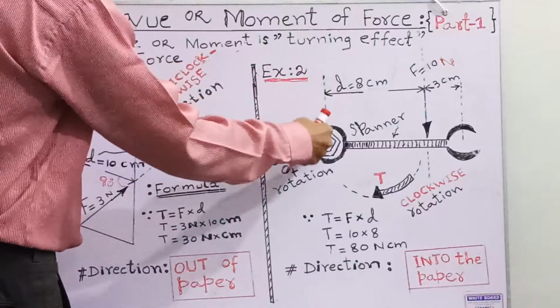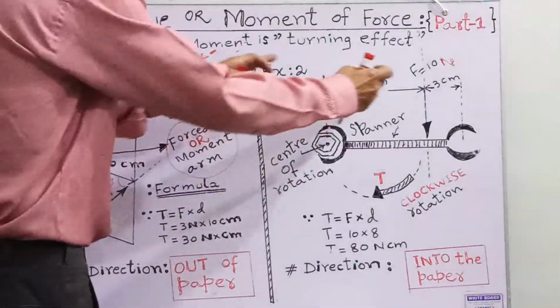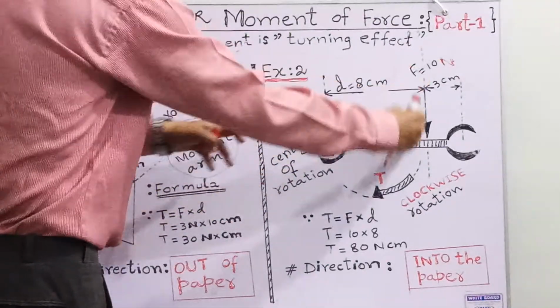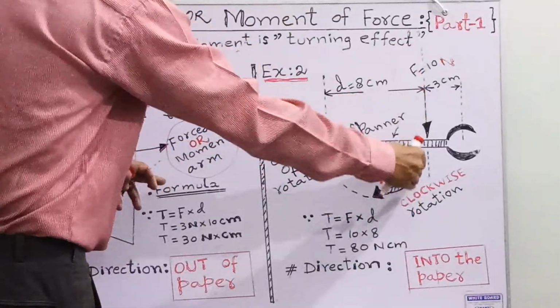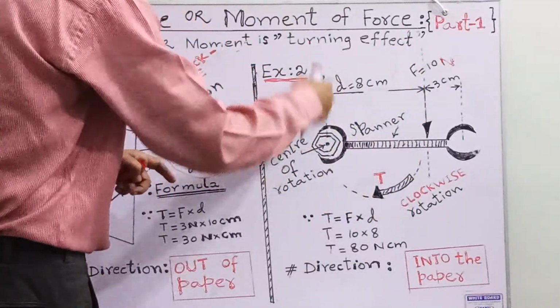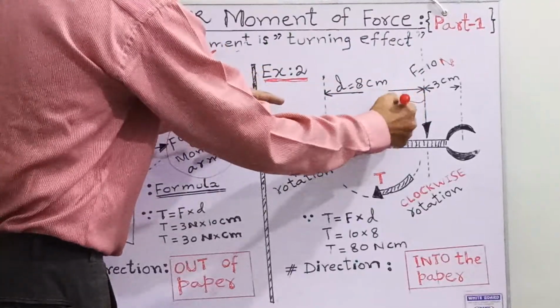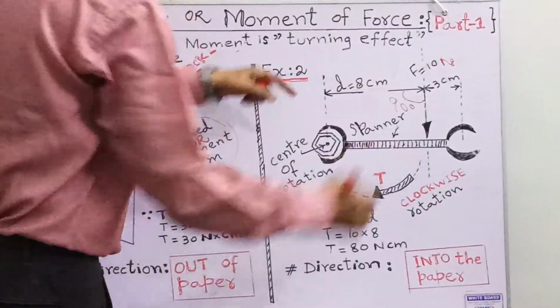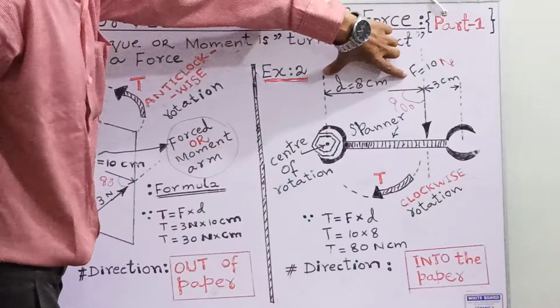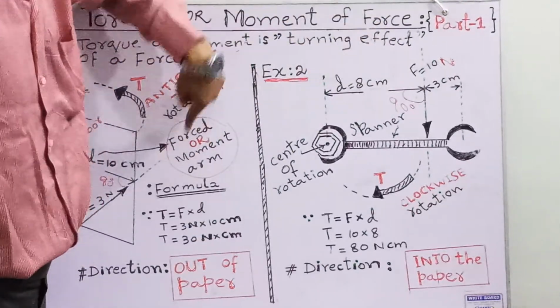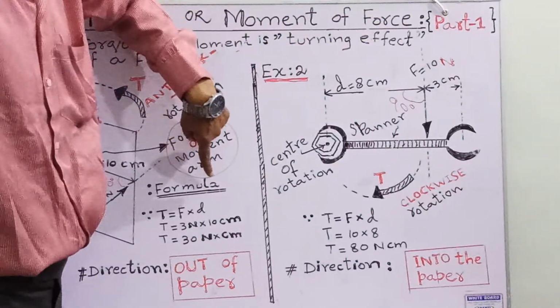So this dotted line passes through the center, and hence it is the perpendicular distance from the line of action of the force to the center of rotation. This perpendicular distance makes a 90-degree angle, and it is called the force arm or the momentum.